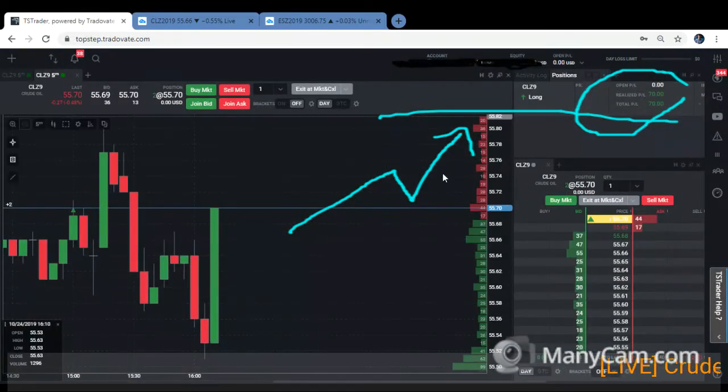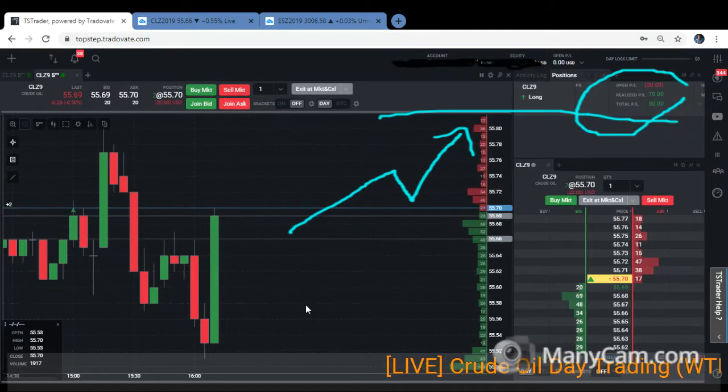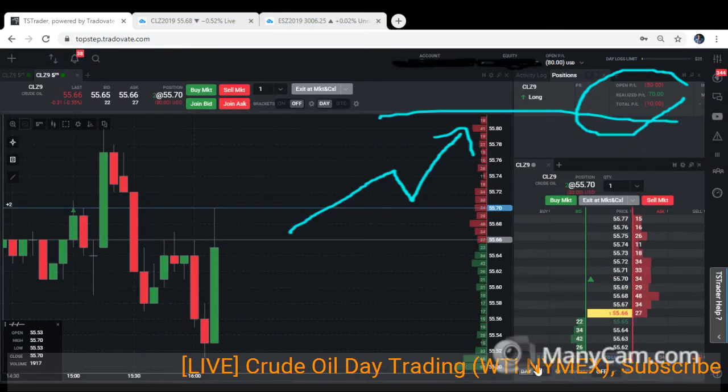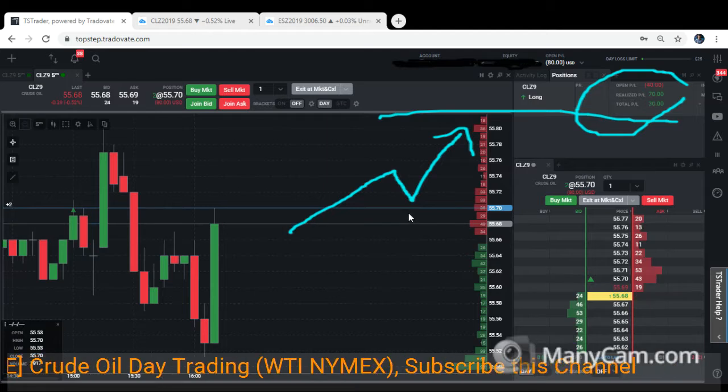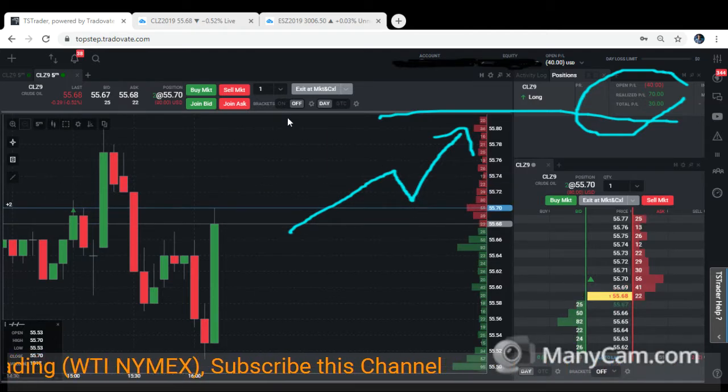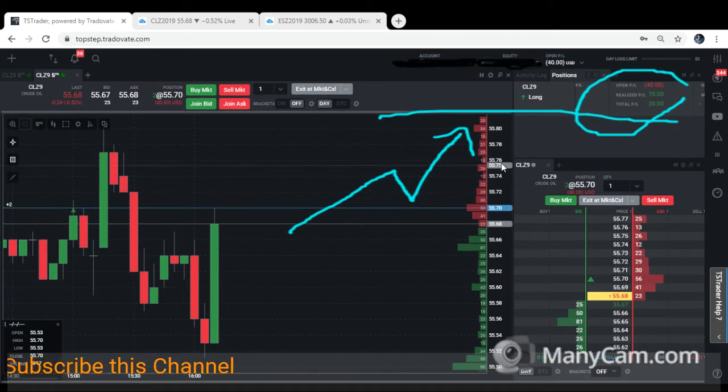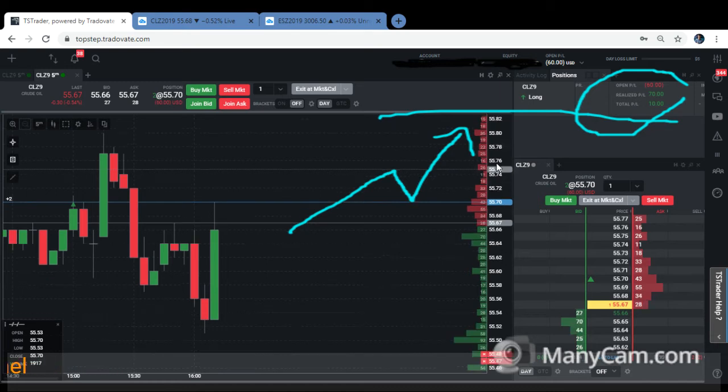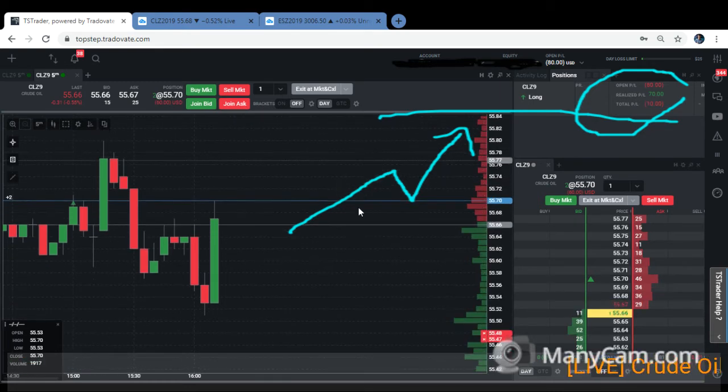Okay, now the price is back to the price level. Hopefully it can go further up at a faster rate. So I have to queue my profit target.